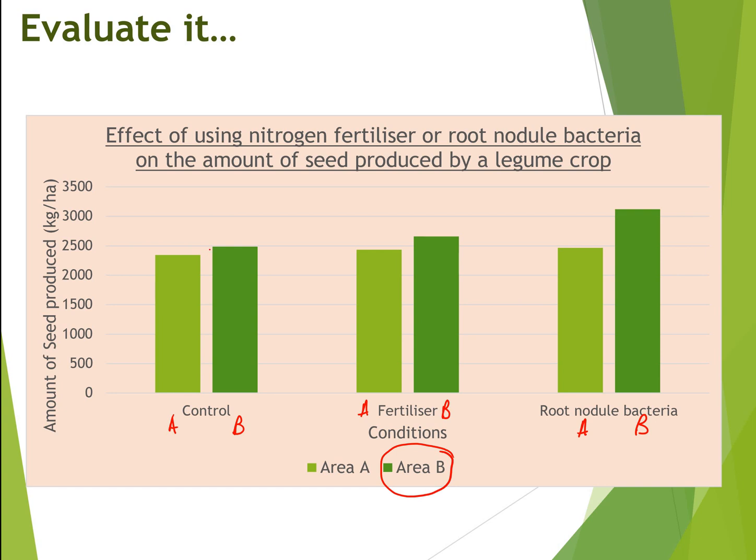So there's not an awful lot of difference here in the control experiment. The control experiment wouldn't have any additional nitrogen fertilizer or root nodule bacteria added. But when it comes to the fertilizer, but more importantly the root nodule bacteria, this increases it much more than any other. So remember what we said these root nodule bacteria do?